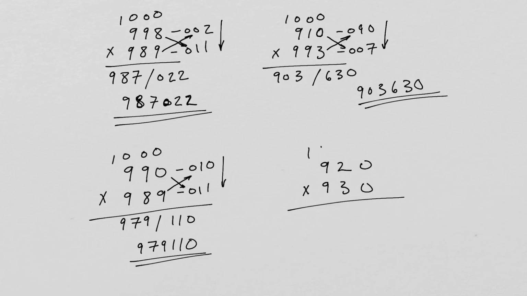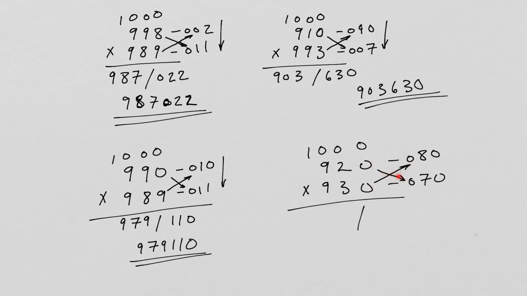Okay, last problem here, working off of base 1000. We'll say this is minus 80. This we'll say is minus 70. For our left hand side, let's take 930, subtract 80. Notice that's the same.